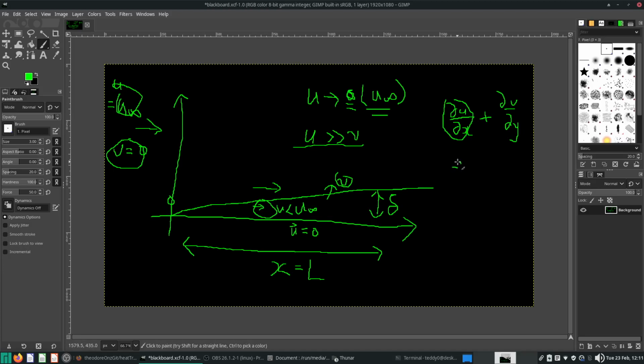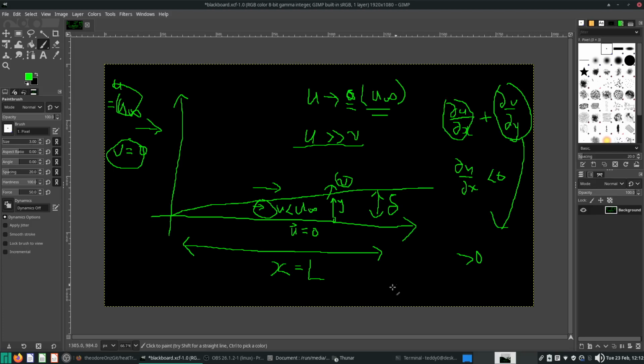So del u del x is going to be less than 0, so del v del y is going to have to be more than 0. So there's a positive gradient. As you increase your y coordinate, the v velocity is going to increase.